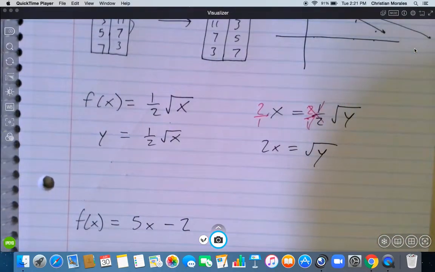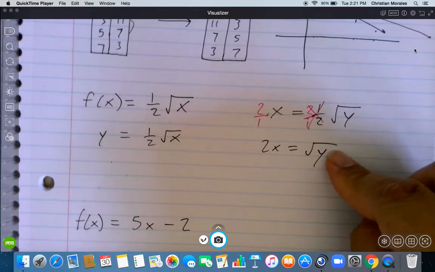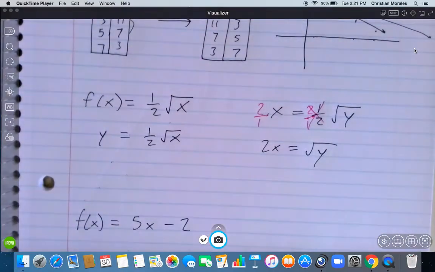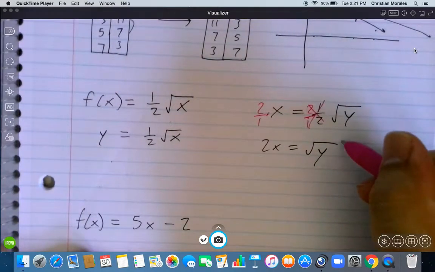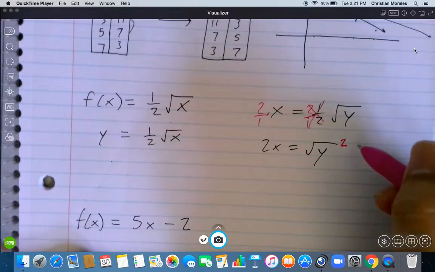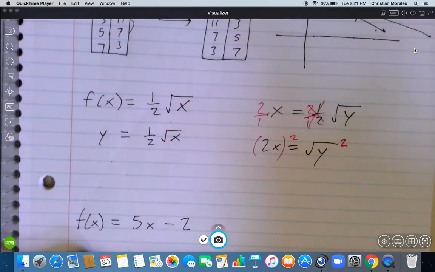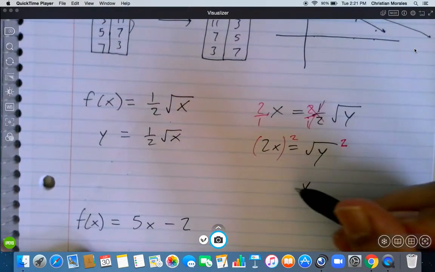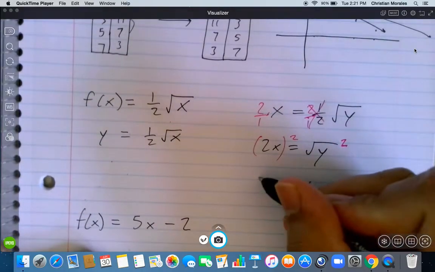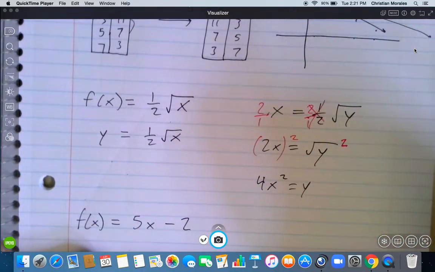Okay, next. You're trying to get rid of the square root. How do you get rid of a square root? The inverse operation of that is to do the power of 2. We square it. And whatever you do to one side, you do to the other. So now you're going to end up with y equals 4x squared.